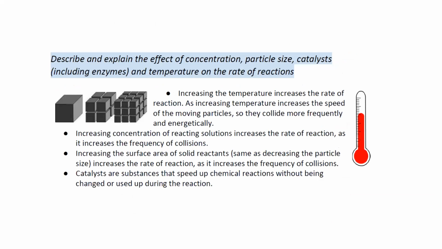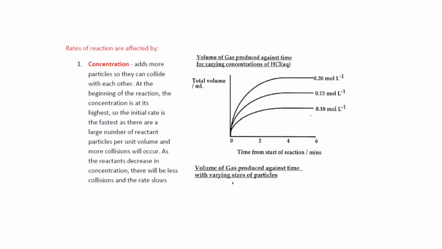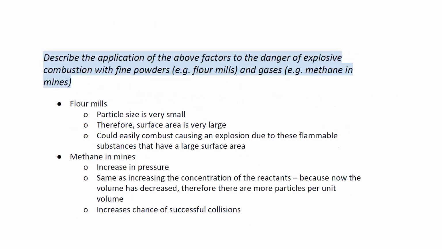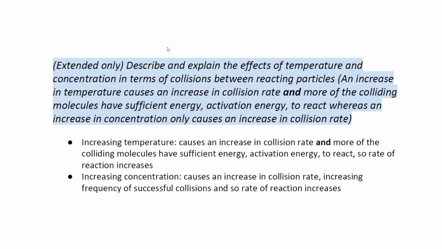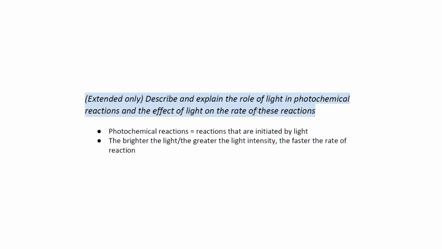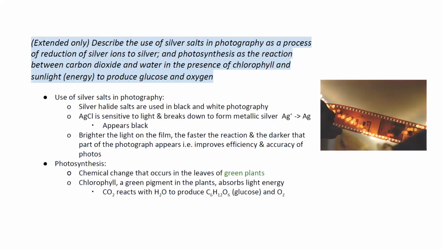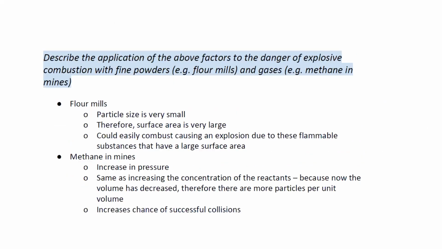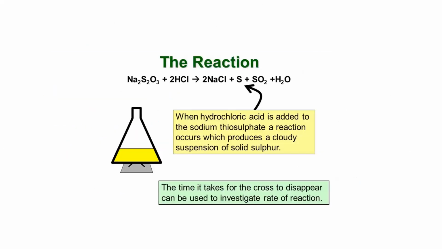The factors which affect the rate are concentration, temperature, surface area, and pressure, which is only valid for gases. Then the photochemical reaction: a reaction which is affected by light we call a photochemical reaction.